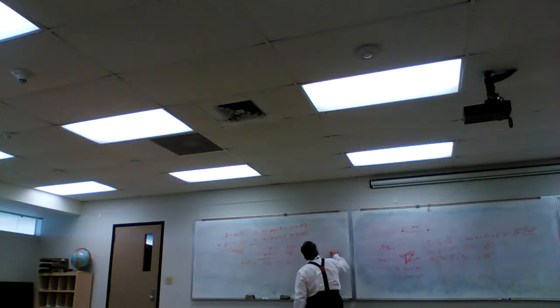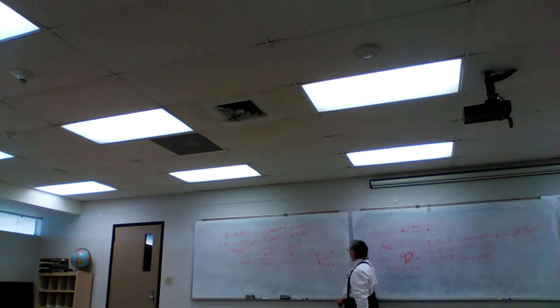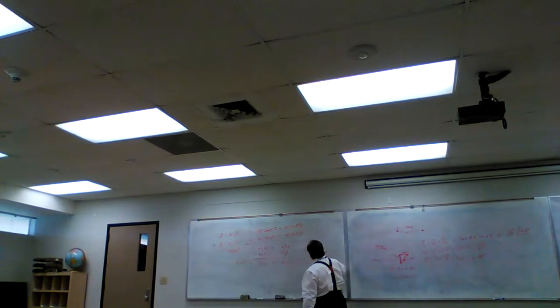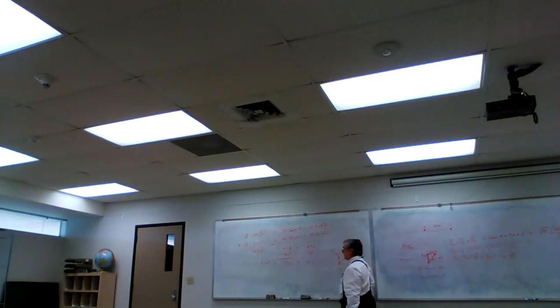That means this is the vector sum. This is the magnitude of their sum. And there you got your right angle, Pythagorean theorem. This squared plus this squared equals that squared.